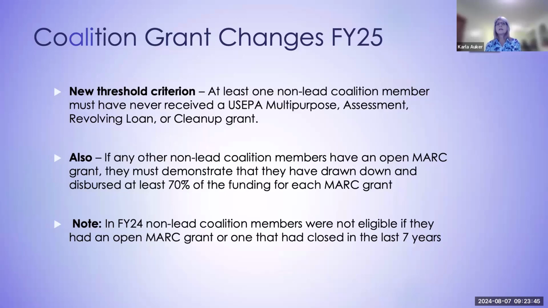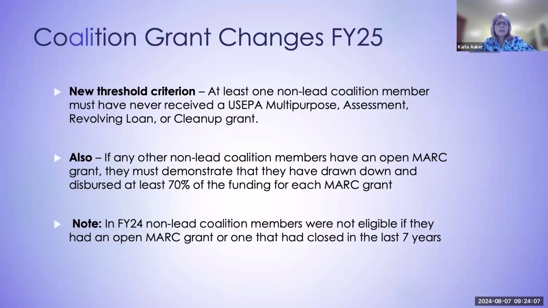So what that's saying is one of your non-lead coalition members must be a new grantee, an inexperienced grantee, a low capacity grantee. You want to be able to talk about that in your application, because like I said, one of the priorities of the infrastructure law is to reach out to low capacity and small and rural communities.